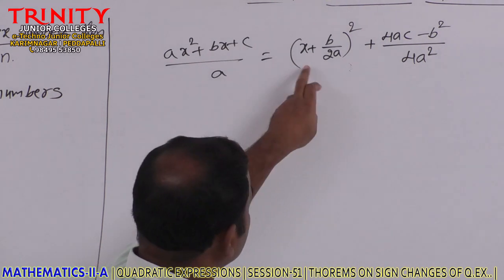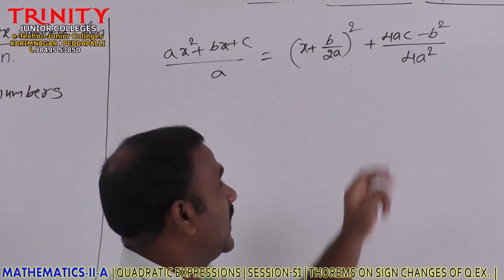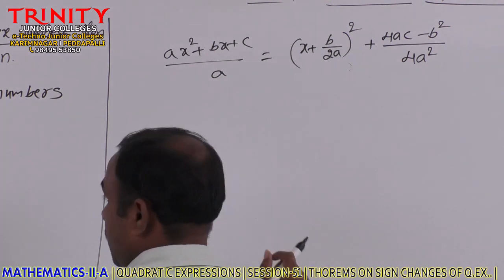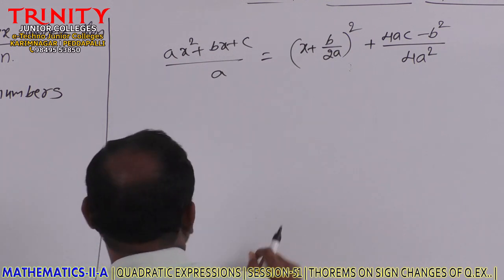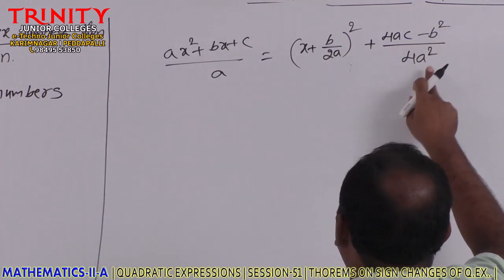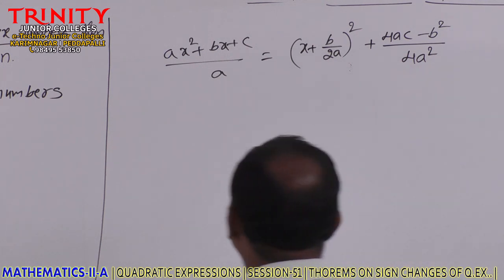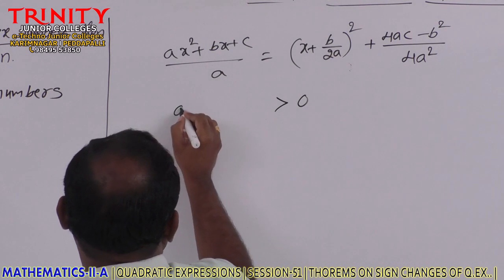Why? Because even if this value is negative, by the whole square it becomes positive. And in equation number 1 we have 4ac minus b square greater than 0, and 4a square is always positive. Then we can say that this is greater than 0.